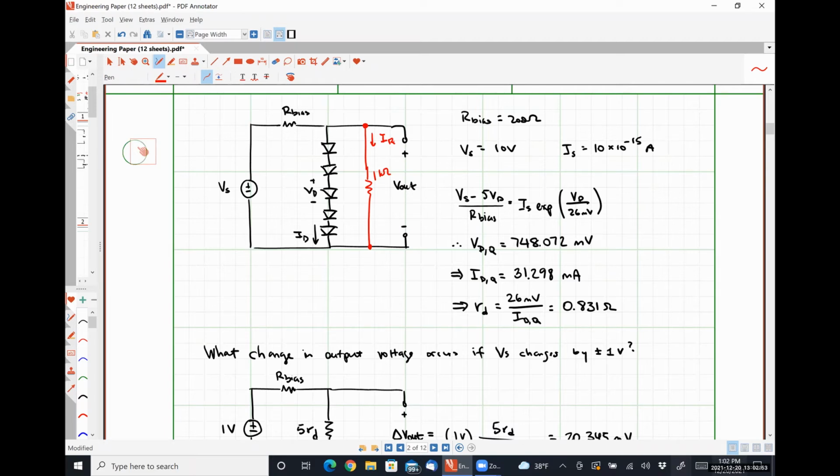If the resistor current is 5 VD over 1 kilo ohm, then our diode current is going to decrease by that same amount because the current flowing into the node has to stay constant. So KCL tells us what's going on there.